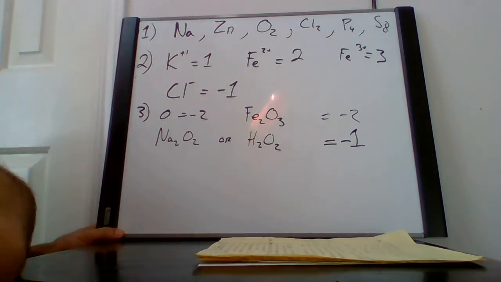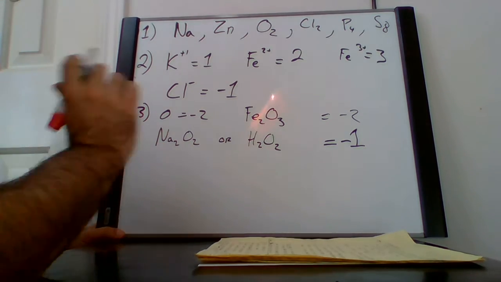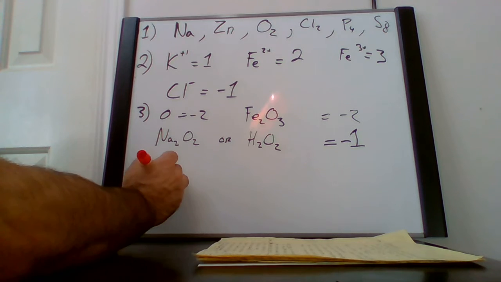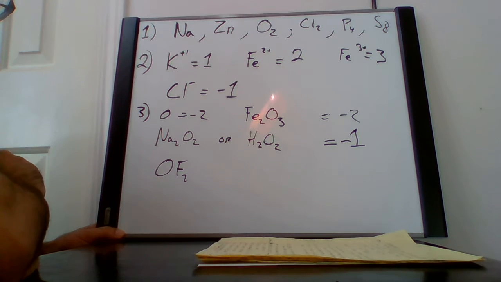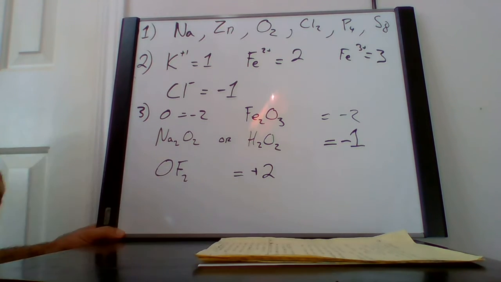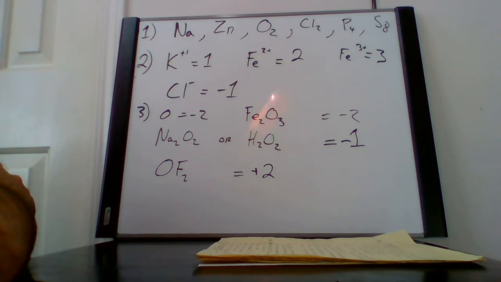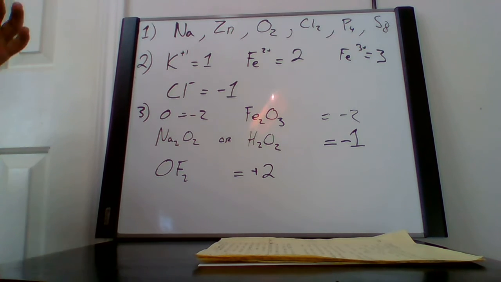If it's in the elemental form, it would be 0. If it's a peroxide, it's -1. And then that one other rare exception that we have is OF2. In this case, the oxygen has a +2 charge, and that just has to do with the electronegativity of fluorine. We'll talk about that one a little bit later on.